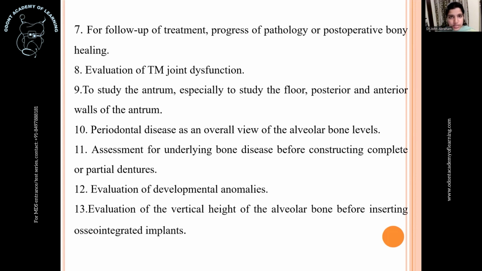It is also used for the evaluation of your TMJ and TMJ disorders, study of your antrum, that is your maxillary sinus, any pathologies associated with the maxillary sinus, and periodontal evaluation of the tooth and the alveolar bone levels. In case of any bone disease, we can evaluate the maxilla and the mandible, evaluation of developmental anomalies, and lastly, the vertical height of alveolar bone in case you're going to place a dental implant. So this particular radiograph plays a role in almost all the areas of dentistry.